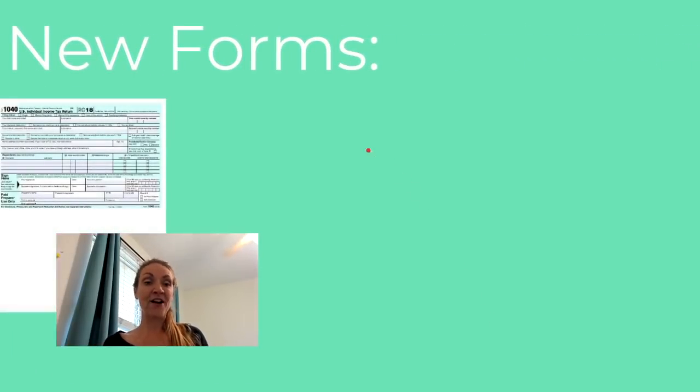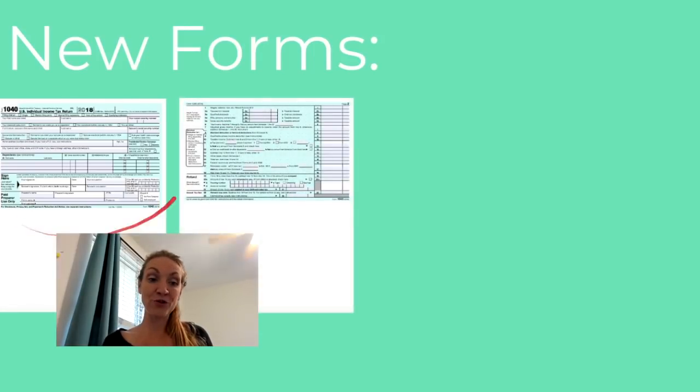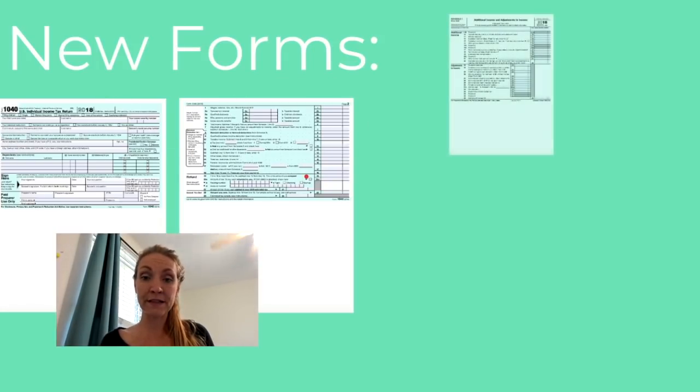Now our new forms, as we've gone over, are a bit different. We have 2 half-page returns, the first page being only personal information, second page being only amounts. And then we have Schedule 1, which primarily covers the information that was missing from page 1 to get us to this AGI.